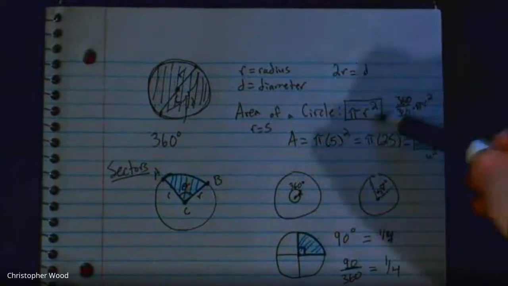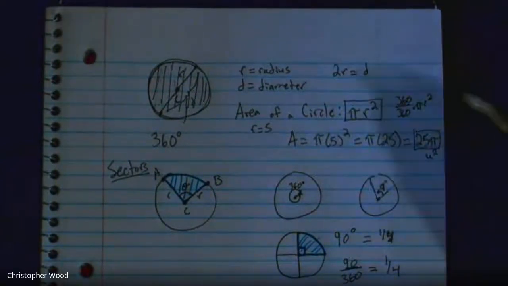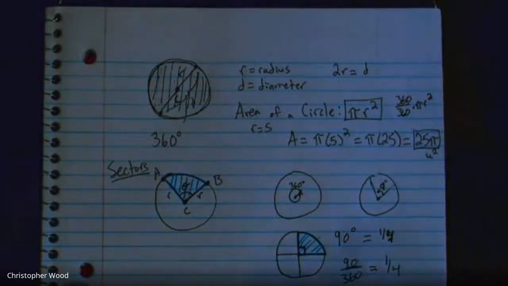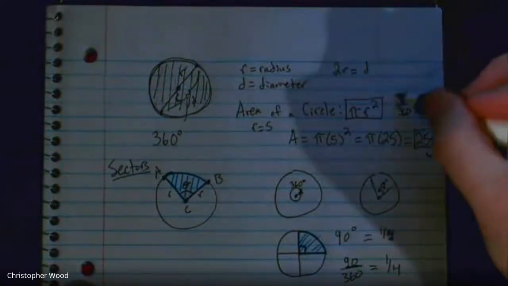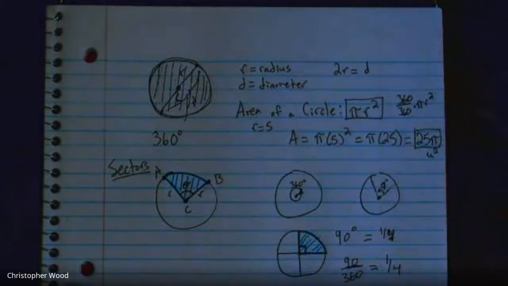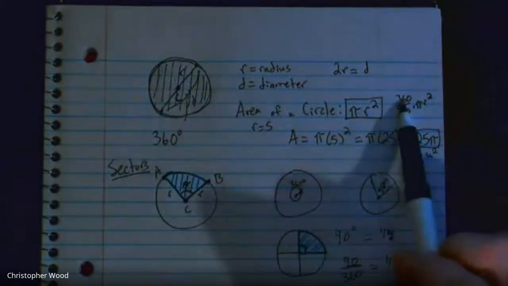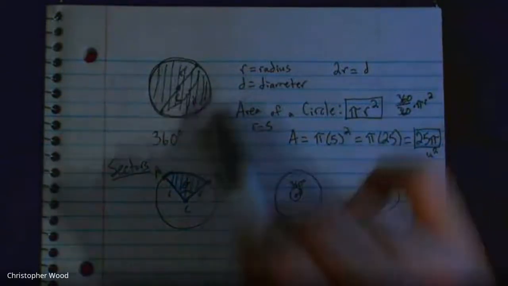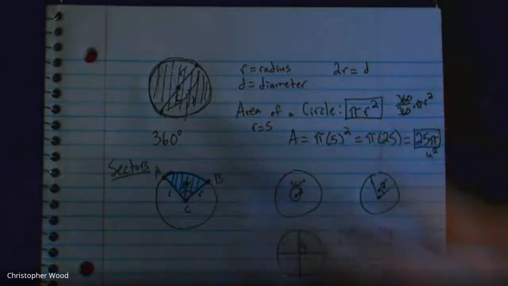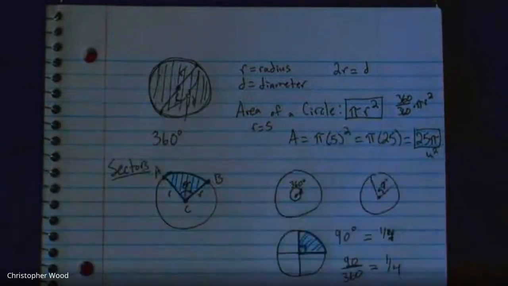These two equations are the same thing, because 360 degrees out of 360 degrees is just the number 1, and 1 times anything doesn't change. So the whole circle is 360 degrees, and I want the area of the whole circle out of the whole circle, 360 degrees.